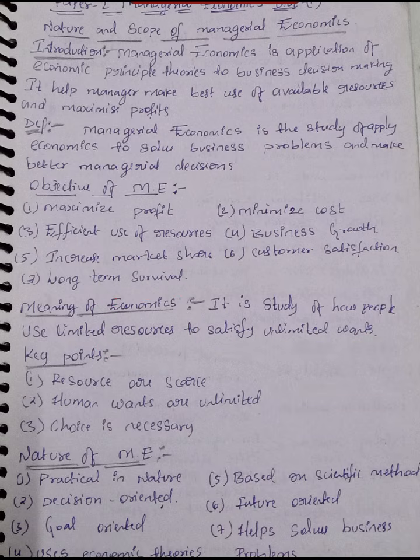I hope you understood up to here. Now, the key points. Resources are scarce. What do you mean by resources are scarce? Resources are very limited; only a few resources are there. Scarce means deficiency, not unlimited.